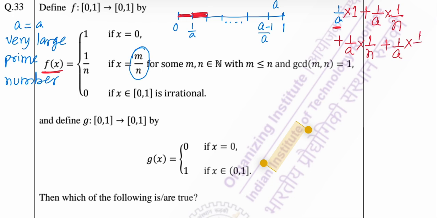So when you tend a to infinity, you know that there are many rational numbers such as 4 by 5, 4 by 7, so these n may be different, not the same.